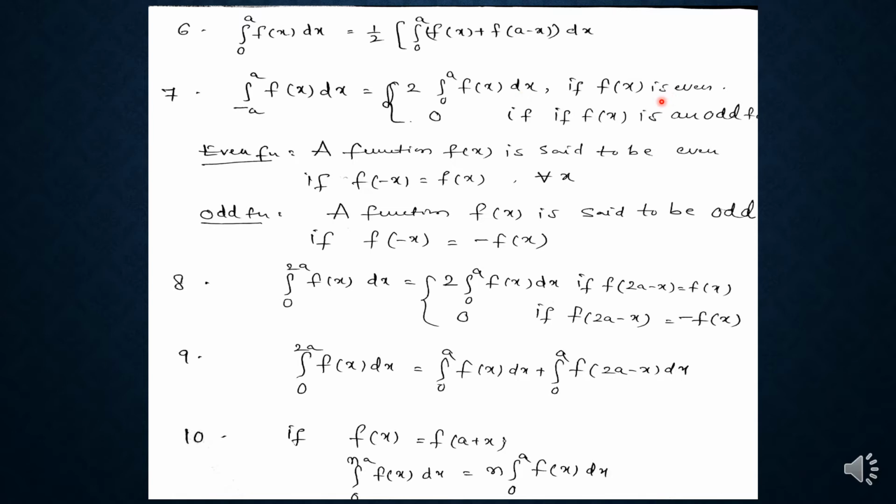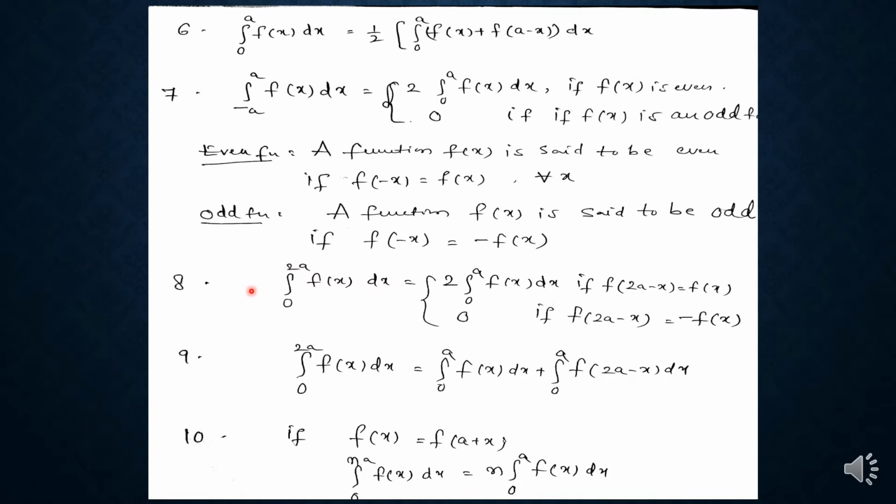If f(x) is an odd function, then we can simply put 0 without evaluating. If it is neither even nor odd, it is a normal function. So this seventh property is also very useful.